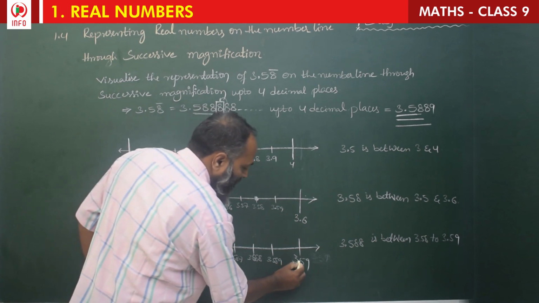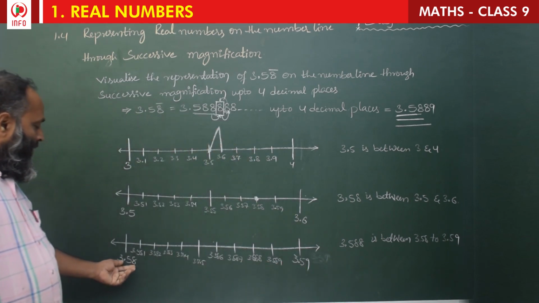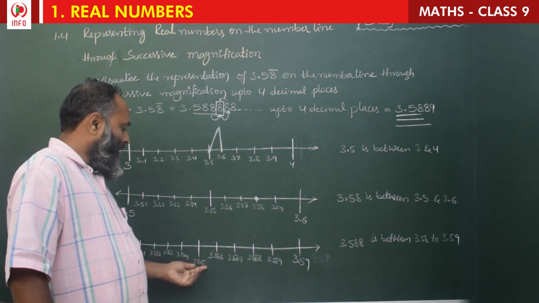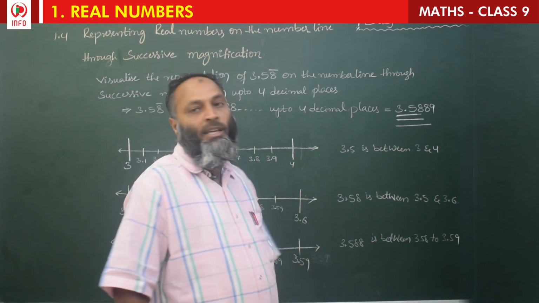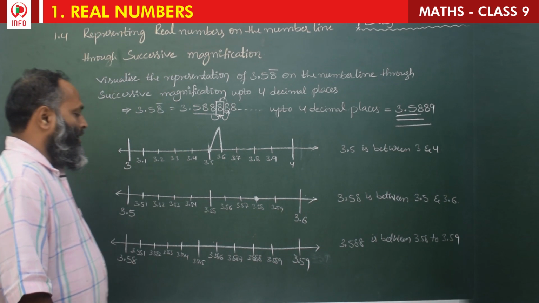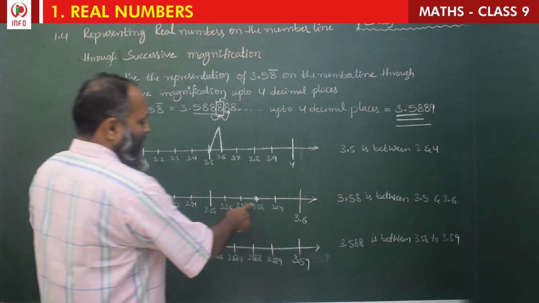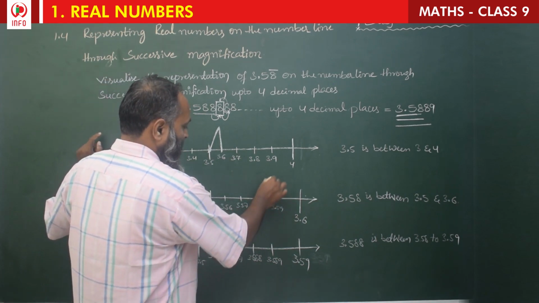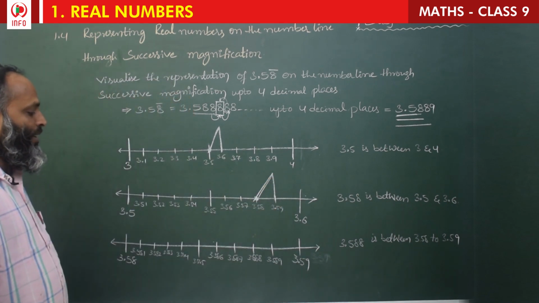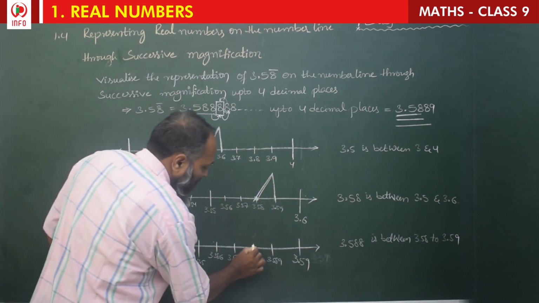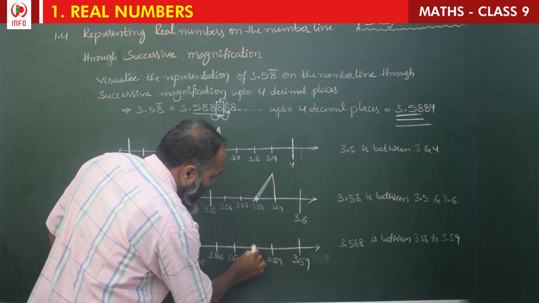So 580, 581, 582, 583, 584, 585, 586, 587, 588, 589, 590. It means between 3.58 and 3.59 you will get 3.588. So here is 3.588.